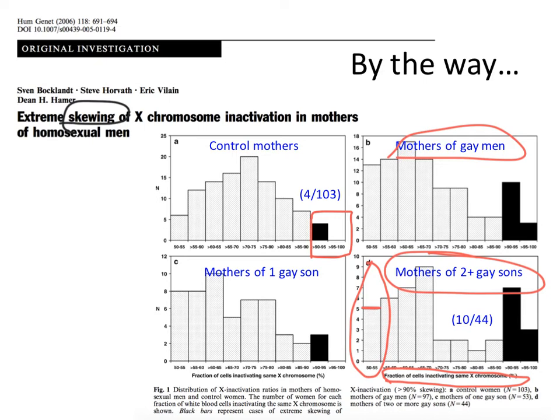Skewed X chromosome inactivation. What happens when you look at mothers that have multiple gay sons? How do these graphs change? What happens to that same population, the mothers that have 90% plus of one X chromosome active in all their cells?